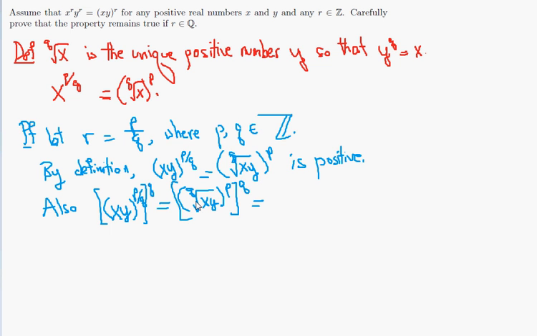So if I have a positive number to the p to the q, that is equal to the same positive number raised to the p times q. Okay, that is also equal to the same positive number raised to the q, then to the p.